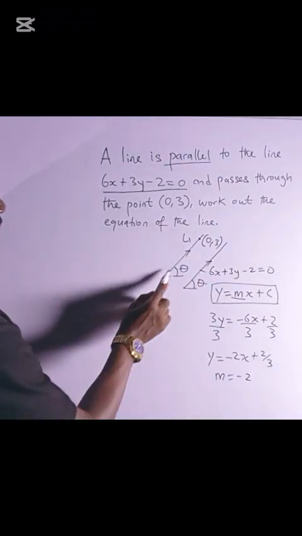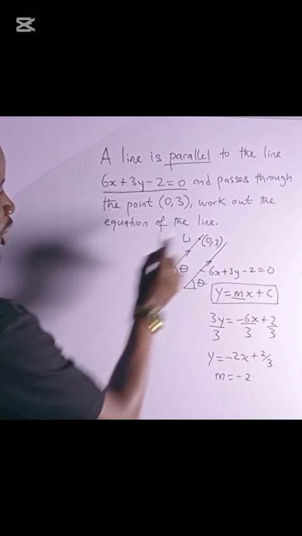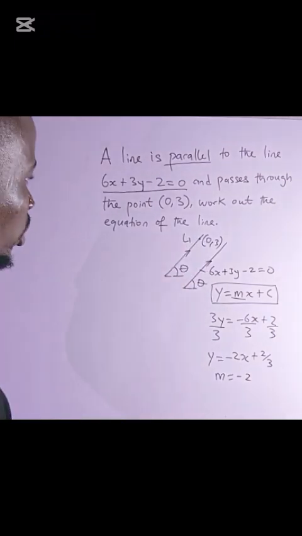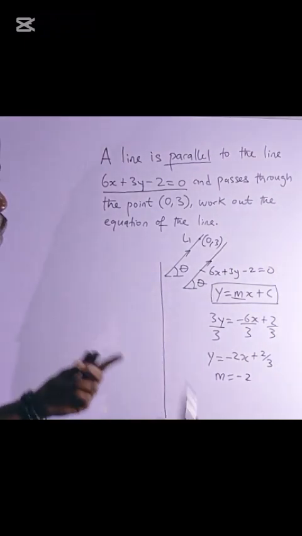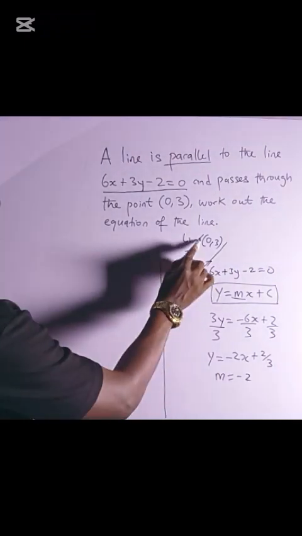We are given that the line is passing through the point (0, 3). Now if we go back to the equations of a line, you can get the equation of a line from this point.